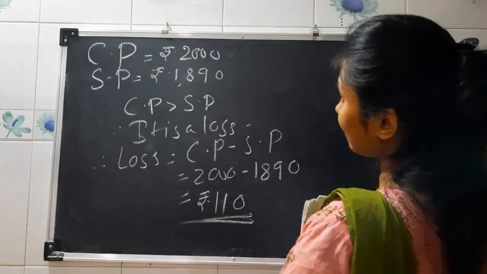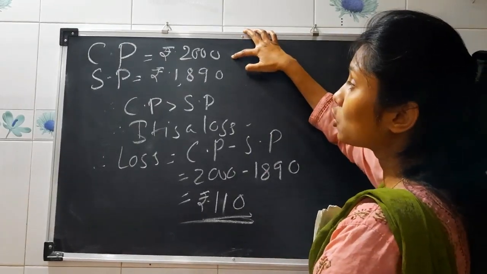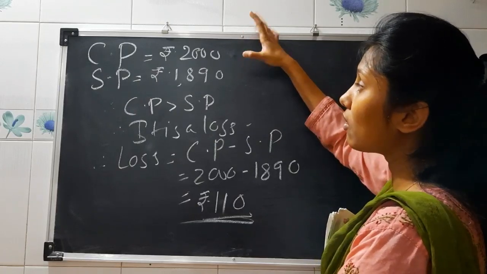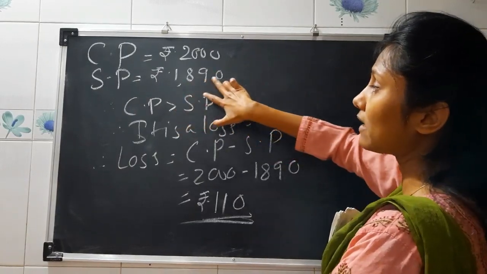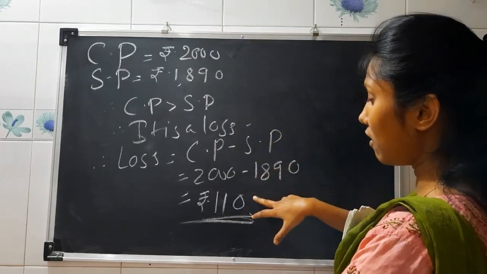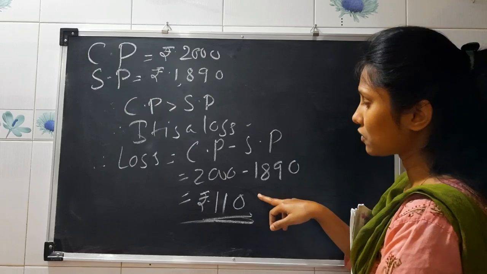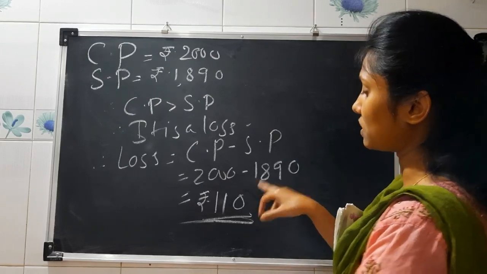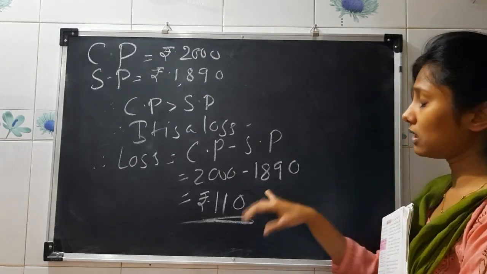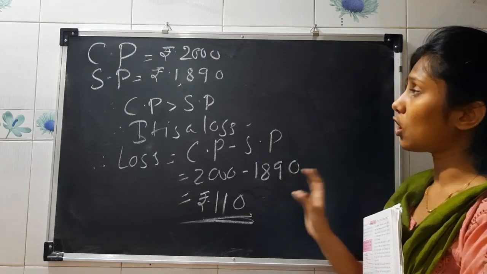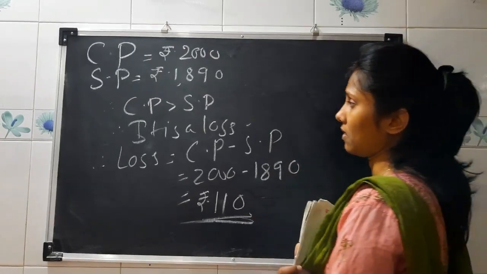He spent 2000 rupees and he earned only 1890. It means he earned 110 rupees less. So rupees 110 is his loss. Okay, understood?